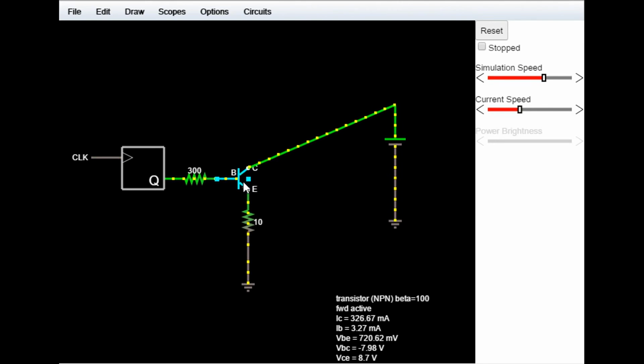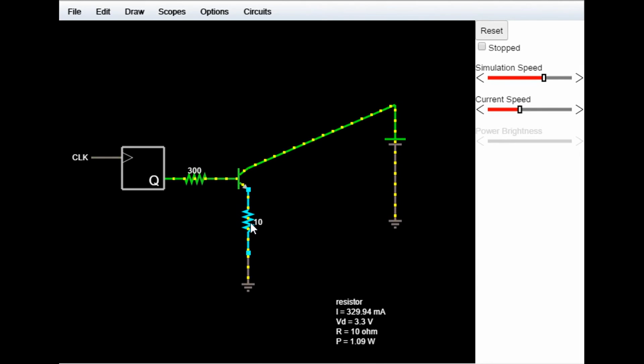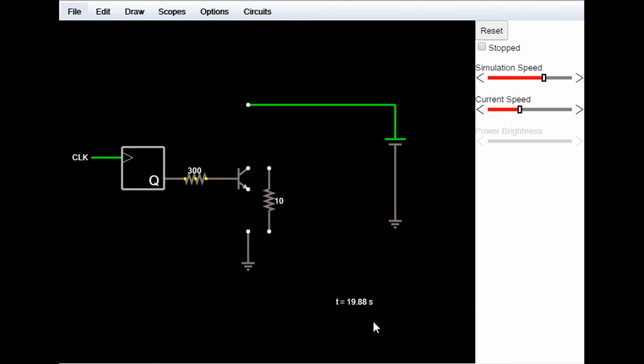Like, okay, 8.7 volts being dropped over CE and only 3.3 volts being dropped over the load. So we can do an analysis on this, but I think it's enough to say that this is not the proper usage of this transistor, at least not for the applications that we're looking for.